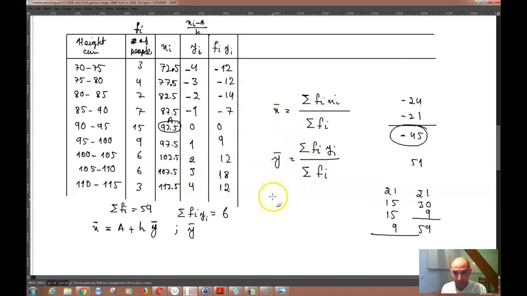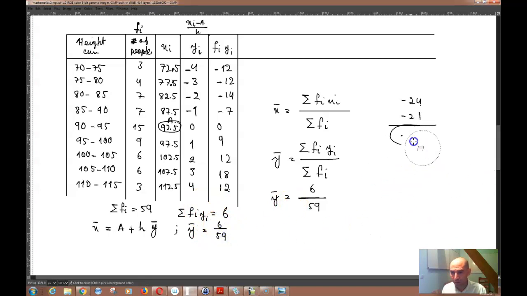So that means that my y bar is equal to sigma f y divided by sigma f, which is 6 divided by 59. Now, let's see what we can do with that.